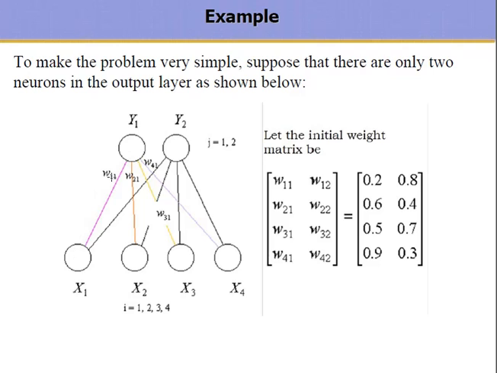So this one has w11, this one is w21, this one is w31, and this one is w41. If we arrange these weights in a matrix, then our initial weight matrix will be w11, w21 and so on for one output neuron, and another weight vector for the second output neuron. And we have some initial values corresponding to each weight vector.